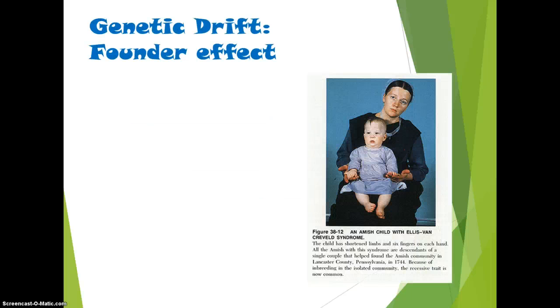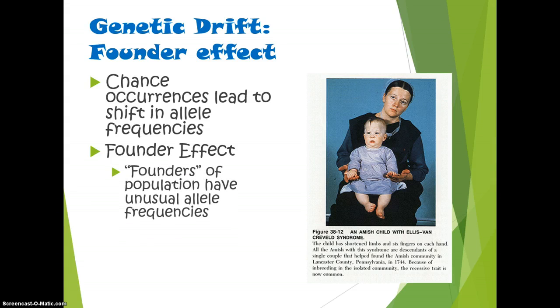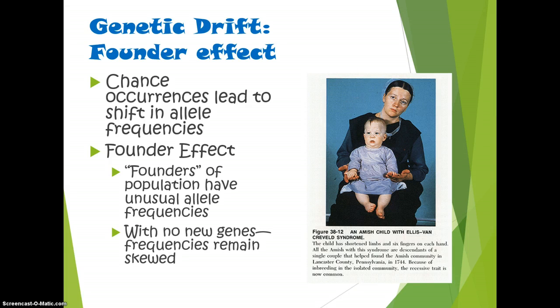Okay, genetic drift. There's two things we're going to talk about with genetic drift. First one is the founder's effect. So chance occurrences lead to a shift in allele frequencies. With the founder's effect, the founders, or the original source of genes, can have an unusual allele frequency, and then that's going to show up within the population because there's no new genes.